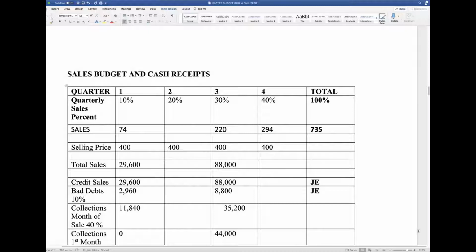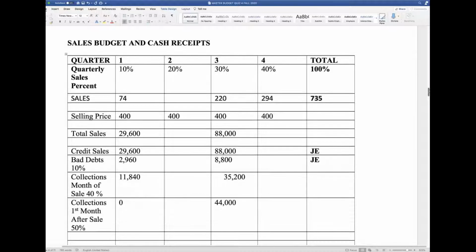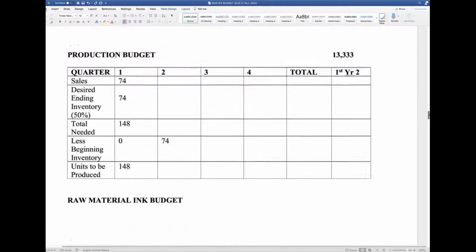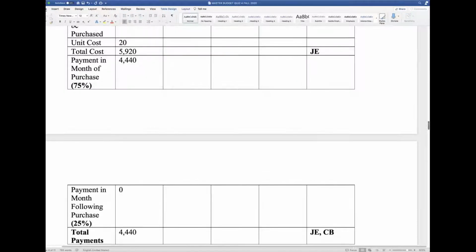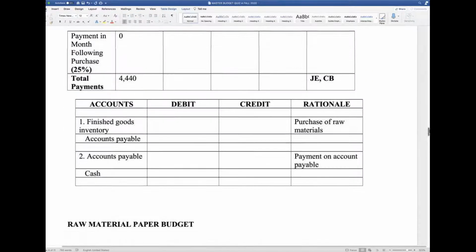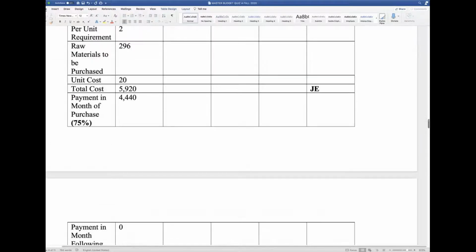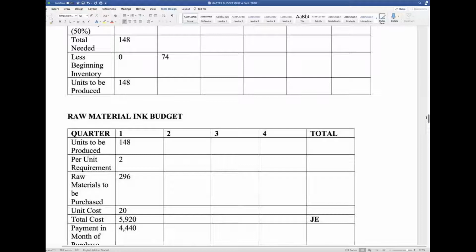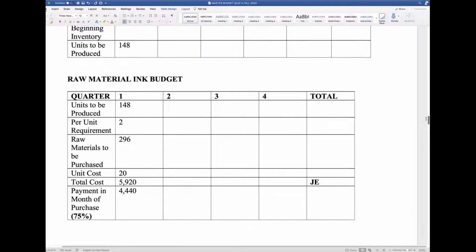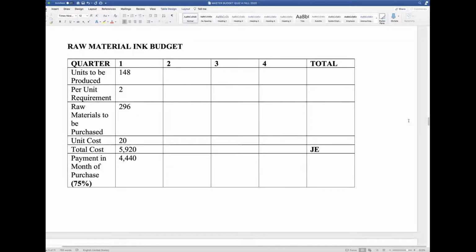What is your question? I'm simply just trying to find the payment in the month following the purchase for the raw material ink budget. Okay, let me see. You trying to find this right here?